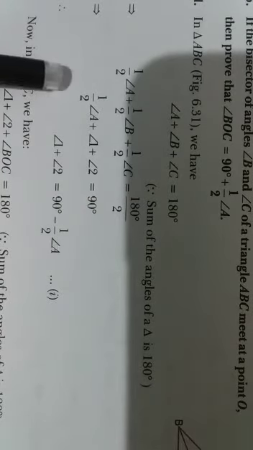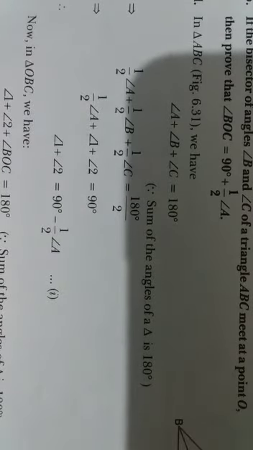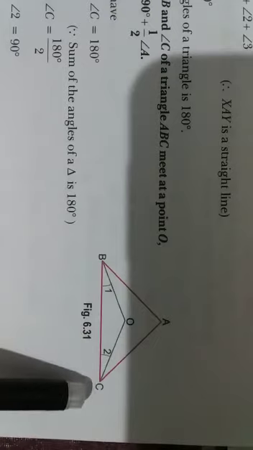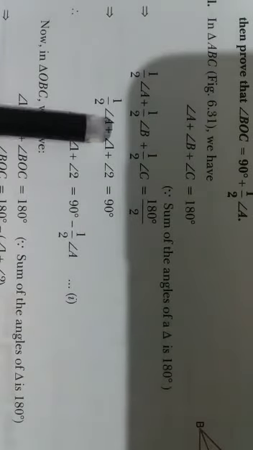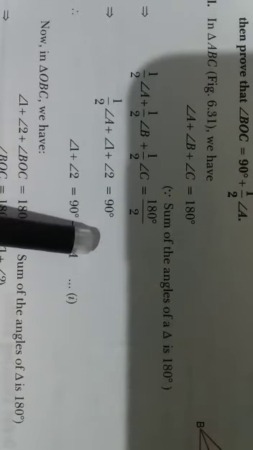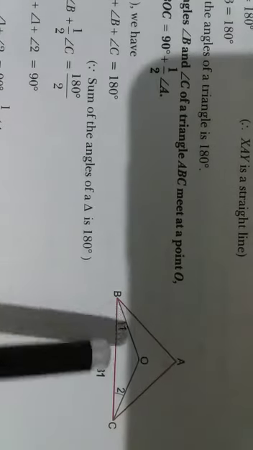So we can say that half of angle A, now this we take as, half of angle B is equal to angle 1 and half of angle C is equal to angle 2. Okay, so here in place of angle B and C, we can write half of angle A plus angle 1 plus angle 2 is equal to how much? 90 degrees. Why? Because here whole B is not given.